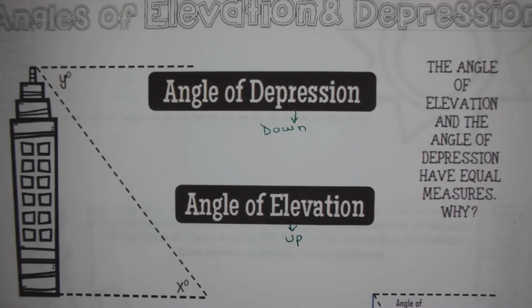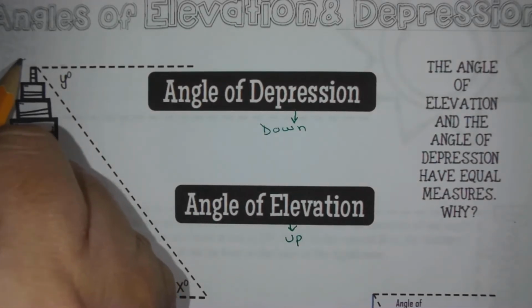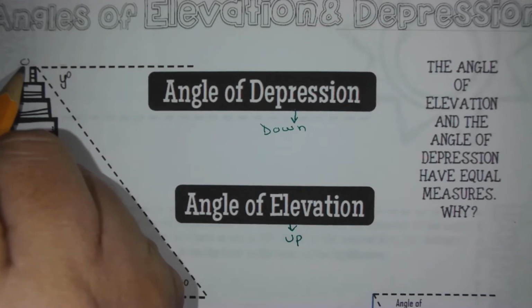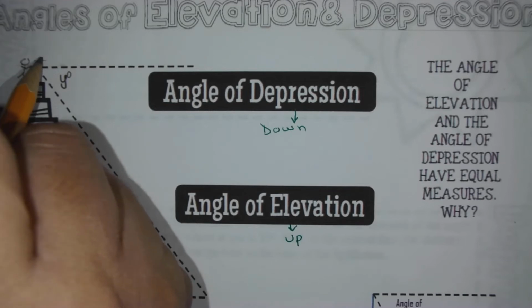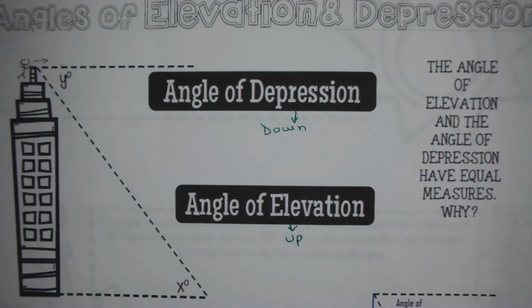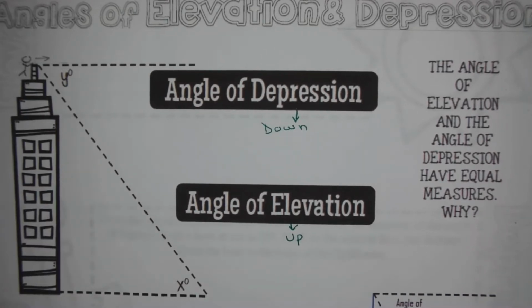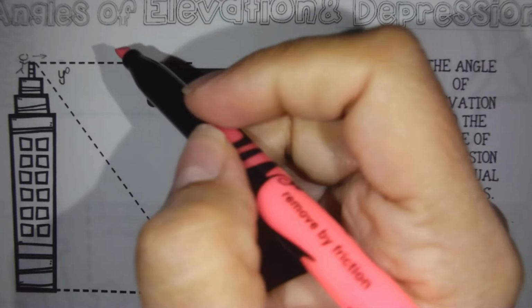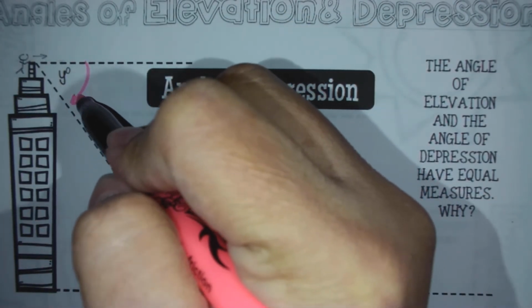Okay, the way you would do this is, and I'm going to give an example here. If you were standing right here and look straight ahead, to look at what's at the bottom, you would have to look down. So you would have to move your eyesight from there down.